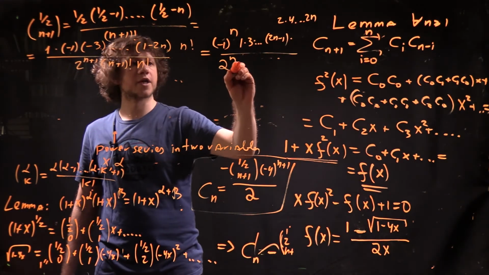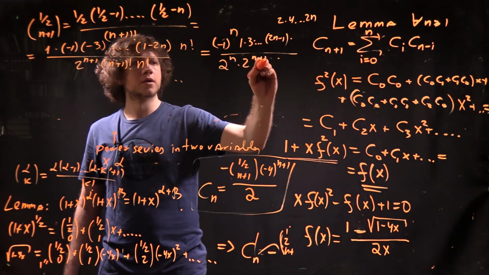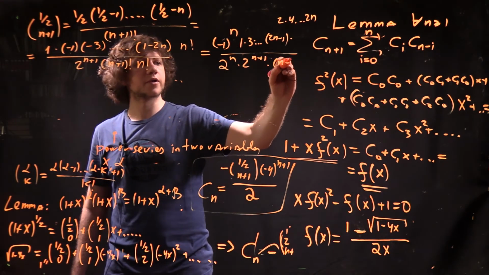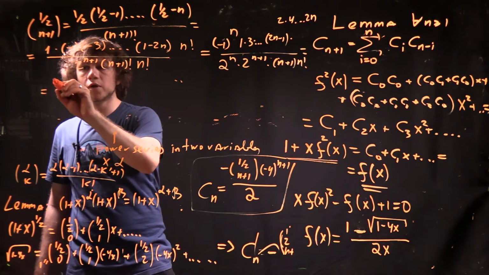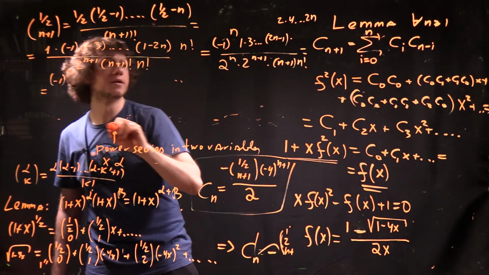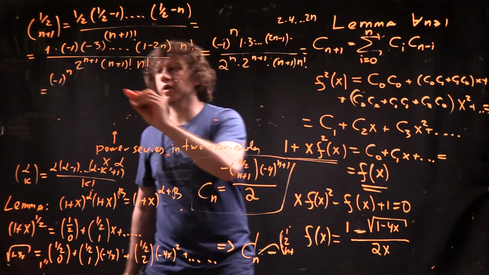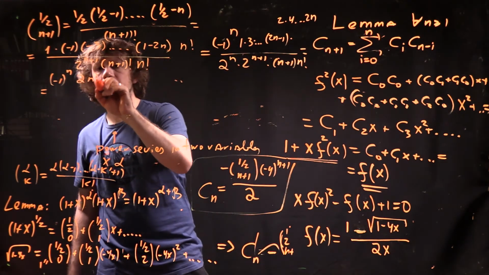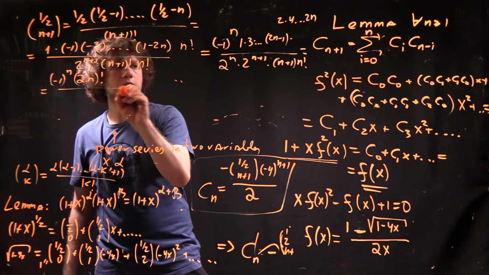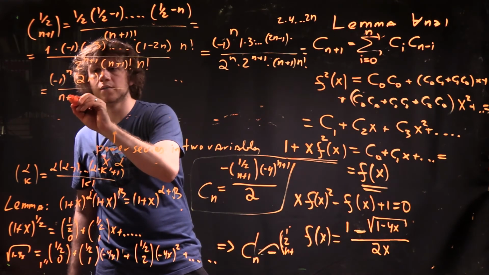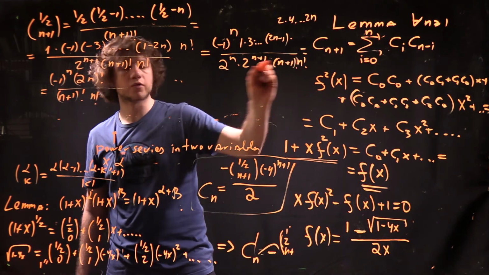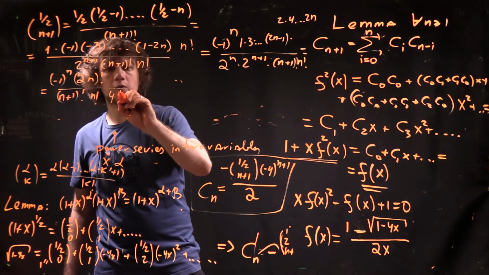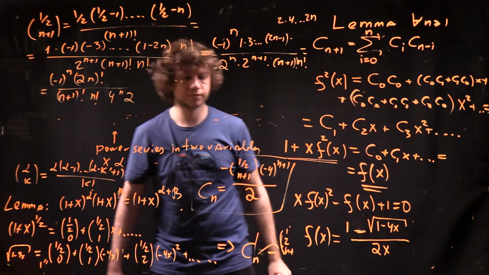And here I have times (2n+1) times (n+1) factorial, n factorial, which equals (−1)^n times (2n) factorial over (n+1) factorial and n factorial, times 4^n times 2.